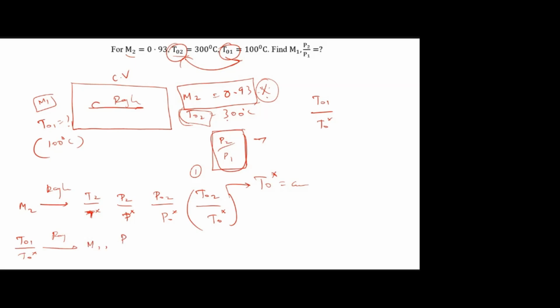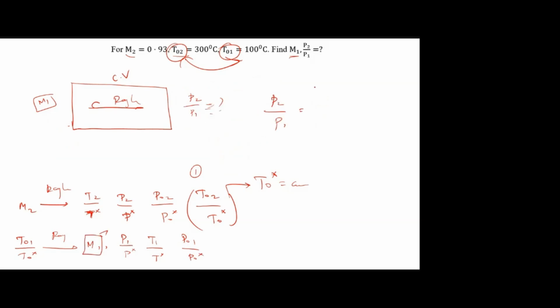I can find M1, P1 by P star, T1 by T star, P naught 1 by P naught star. So we have P2 by P star, also P1 by P star. From this ratio, I can find the P2 by P1 value. So M1 we can get straight from the table, then using these two ratios, I can find P2 by P1.